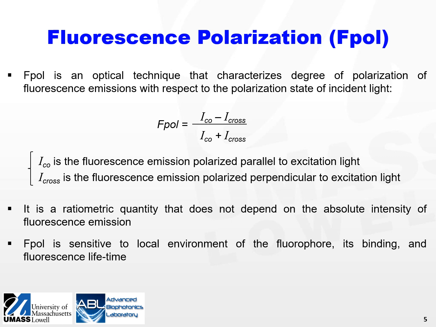It's equal to the ratio of the difference between the copolarized and cross-polarized intensity divided by the sum of the co- and cross-polarized intensity. It is a ratiometric quantity that doesn't depend on the absolute intensity of the fluorescence emission. What's interesting about fluorescence polarization is that it is sensitive to the local environment of the fluorophore, its binding, and fluorescence lifetime.